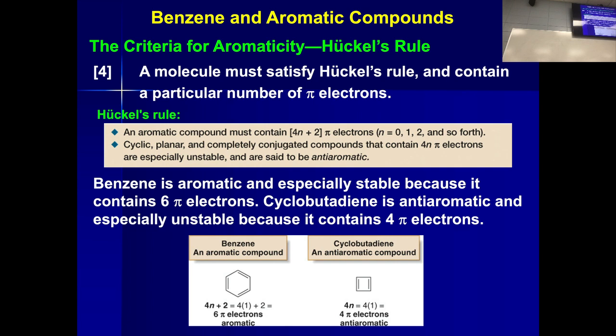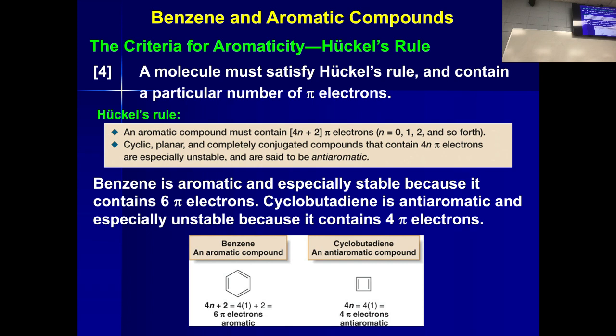What is an integer? 0, 1, 2, 3, 4, 5, 6. It's a whole number, right? So how many pi electrons do I have in benzene, looking at this? How many double bonds do I have? I've got 3 double bonds. Each double bond has how many electrons in it? 2. So 3 times 2 is 6.